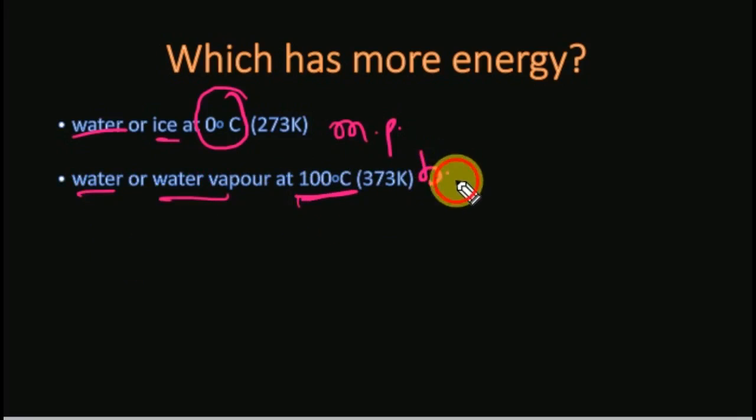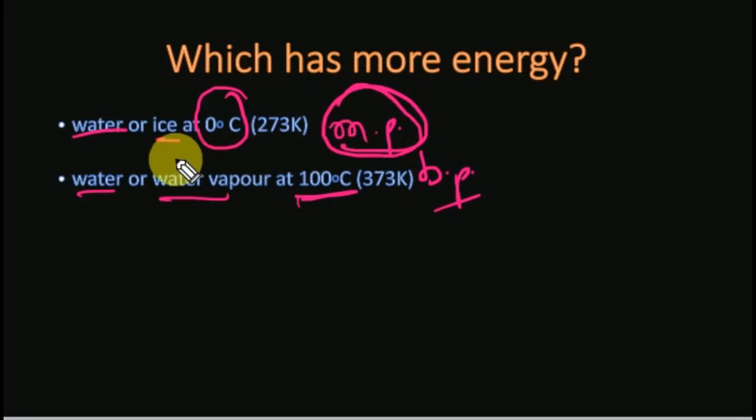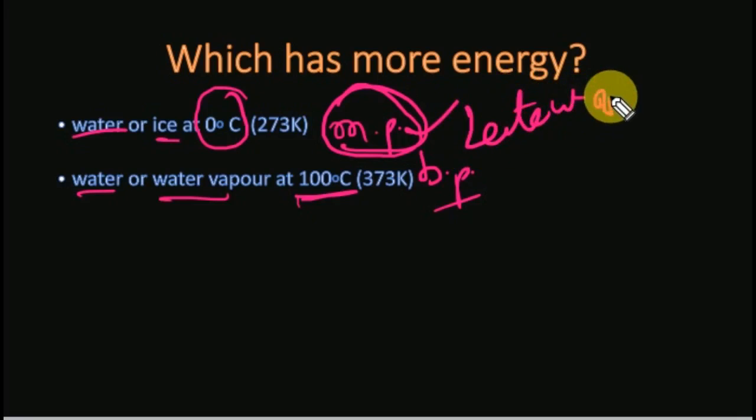That means the boiling point. We know that the amount of heat energy required to convert solid into liquid at the melting point at atmospheric pressure is called the latent heat of fusion.